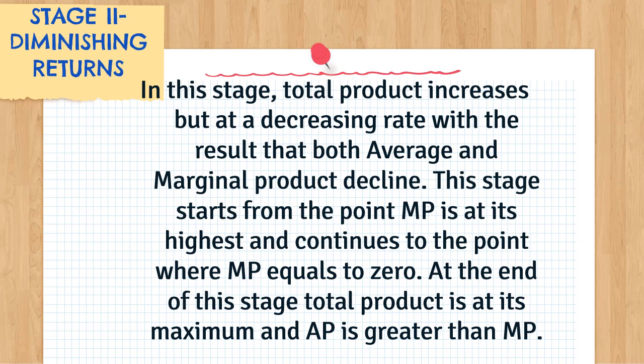Moving on to the second stage, that is the stage of diminishing returns. In this stage, the total product increases but at a decreasing rate, with the result that both average and marginal product decline. This stage starts from the point where MP is at its highest and continues to the point where MP equals 0. At the end of the stage, total product is at its maximum and AP is greater than MP.